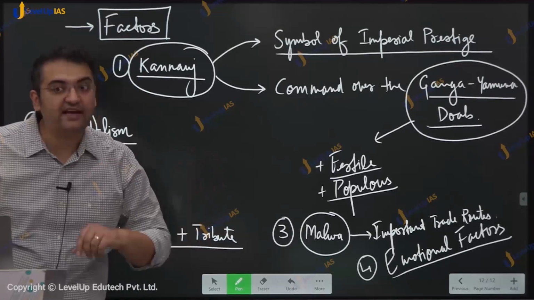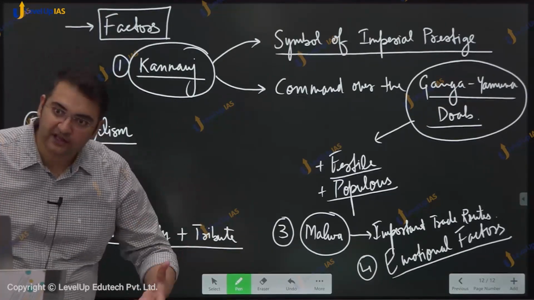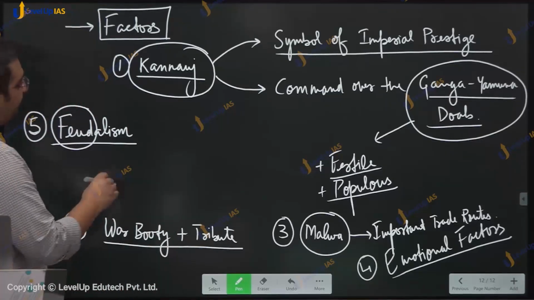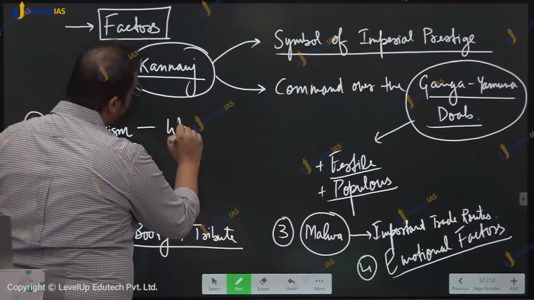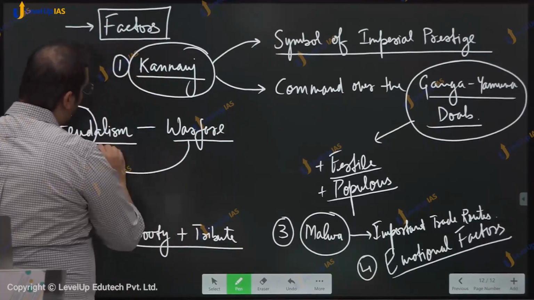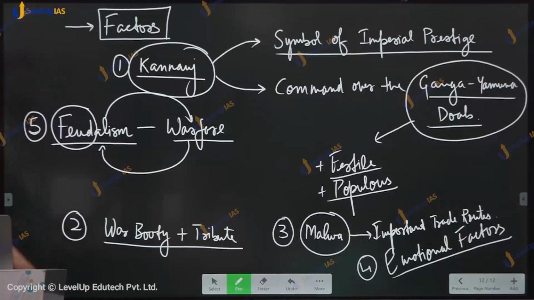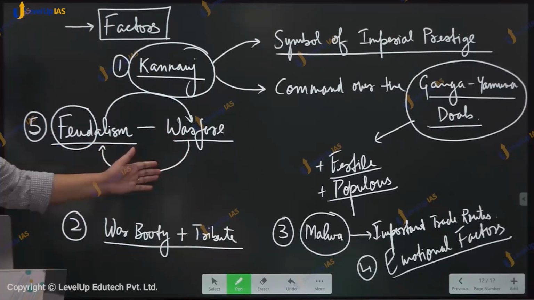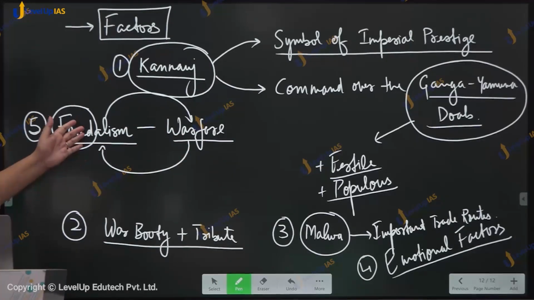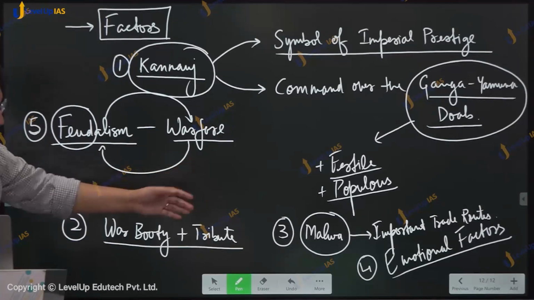And वो justify करने के लिए क्या करना पड़ेगा? बार बार पंगा लेना पड़ेगा. Warfare becomes necessary. तो feudalism and warfare के बीच में a positive feedback loop had emerged. More the warfare, stronger the feudalism, stronger the feudalism, more the warfare. Clear? Sure.